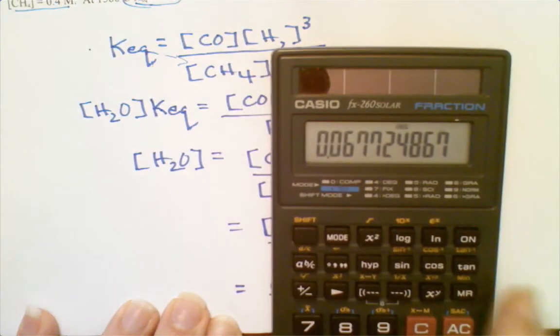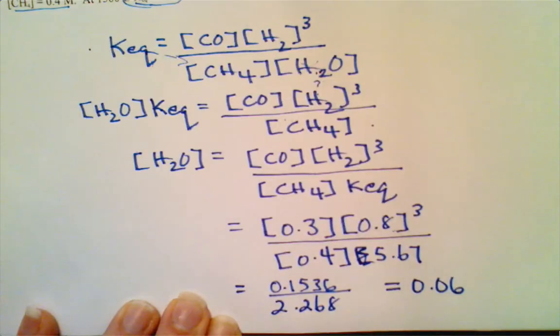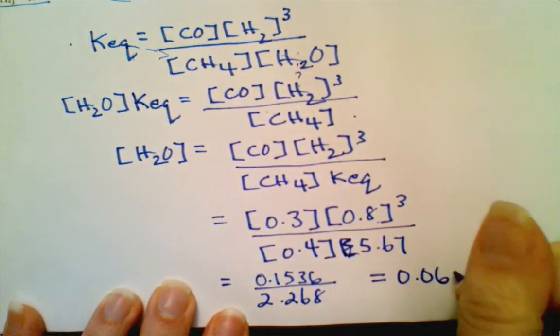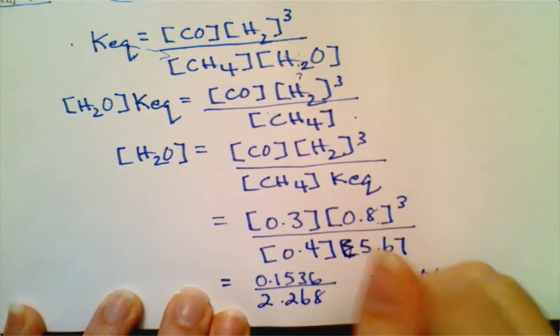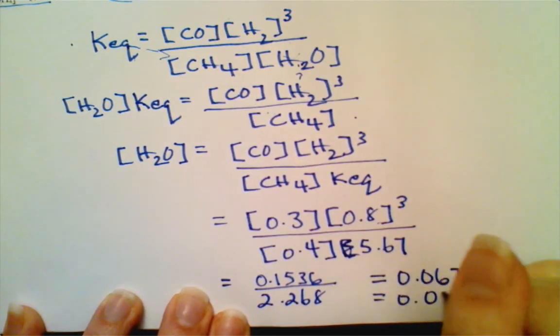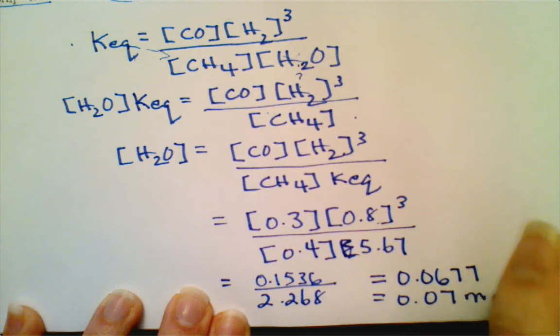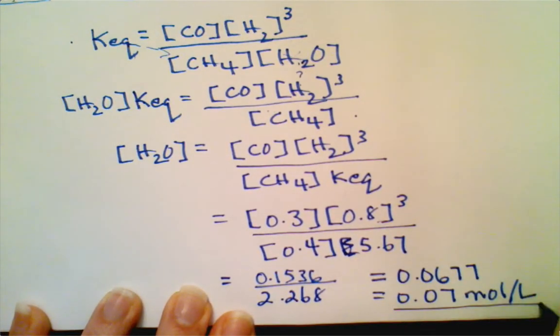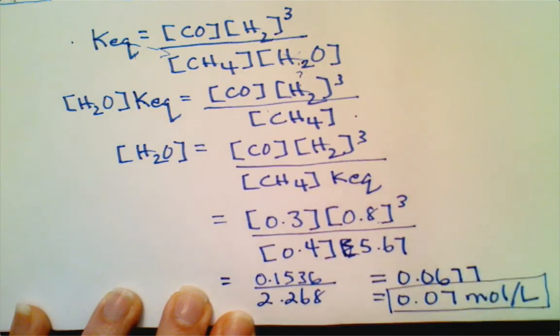Now take a look on my calculator. I get 0.06 7724867. What I want to do is take a look at my sig figs in the original question, and it looks like I have 1 sig fig. So if this is what I had, then this would be 0.07 moles per liter, or capital M. So that would be the concentration of water when we are at equilibrium.